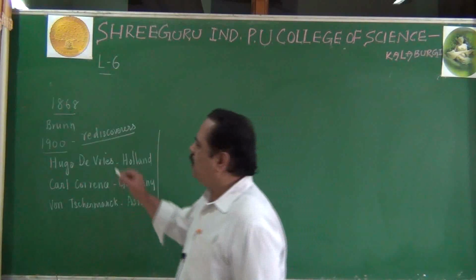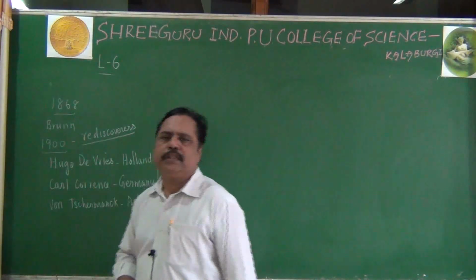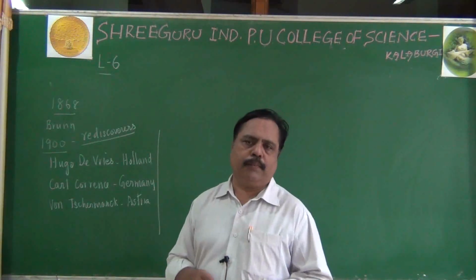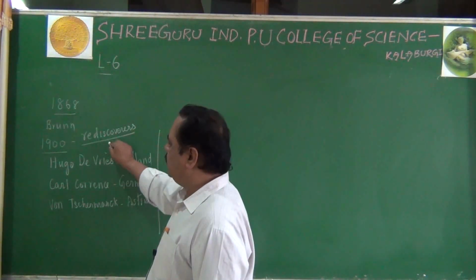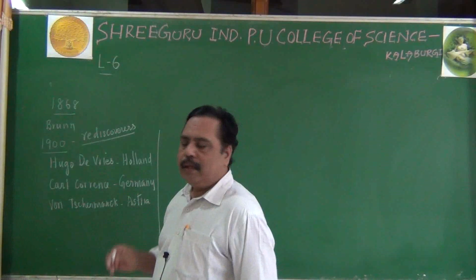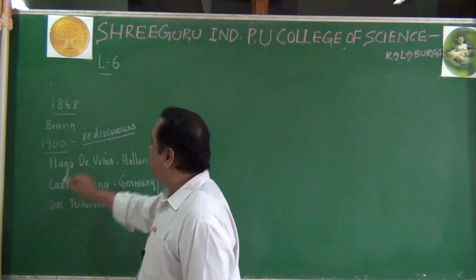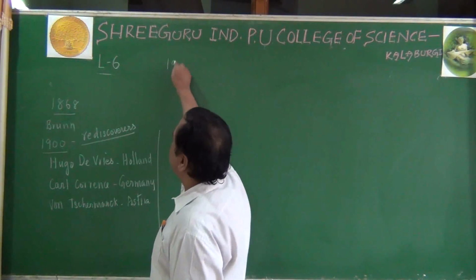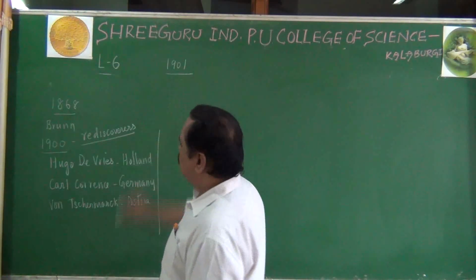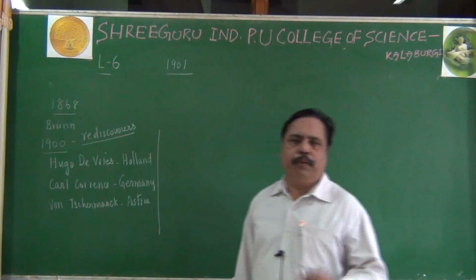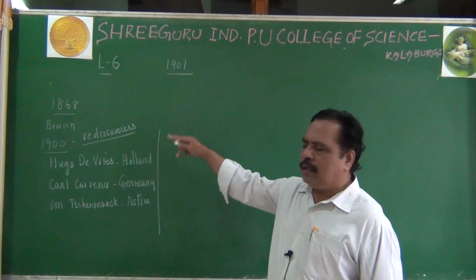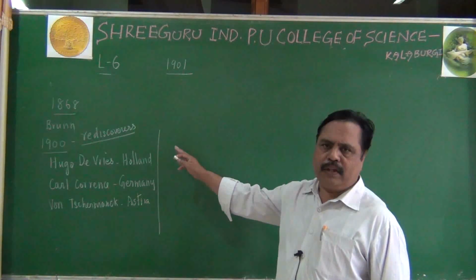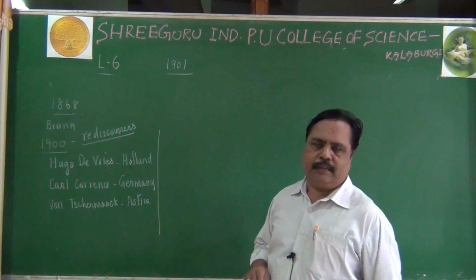Now you see, till 1900 Mendelian principles were not popular, but in 1900 they were rediscovered and made public. But later, in the year 1901 or so, some scientists showed that whatever ideas were proposed by Mendel were applicable to the pea plant.